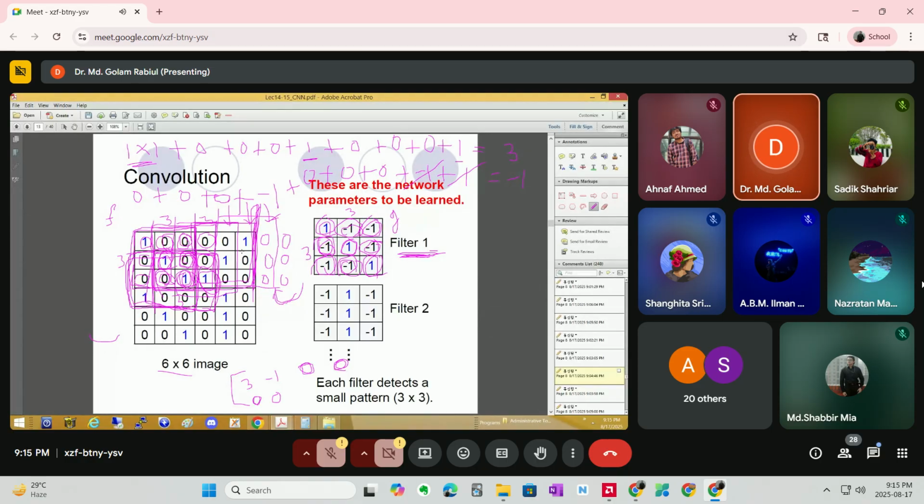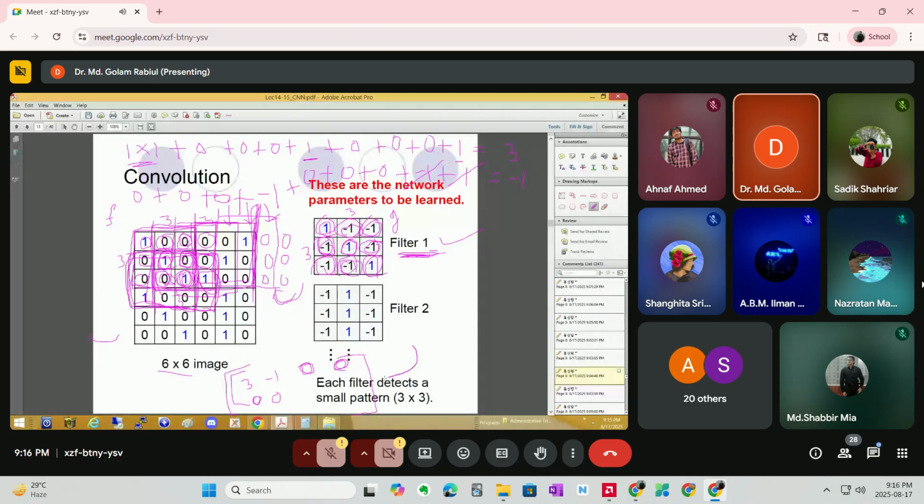If we consider stride equal to 1, then it will shift just 1 bit. If we consider stride equal to 2, it will shift 2 bits at a time. So the stride is just how many bits you want to shift at a time.